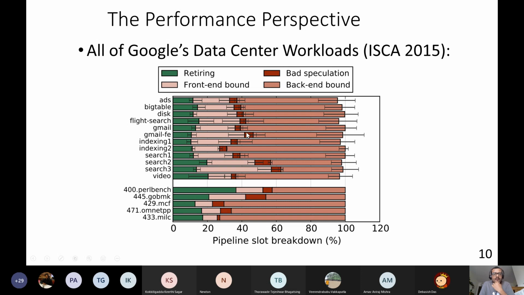Most of the time you are spending in the backend. Remember the backend of the processor, where you send requests to the cache hierarchy, TLB, and so on. You can find that more than 50 to 60% of the requests are going to the backend, and that is the bottleneck in all these data center workloads.